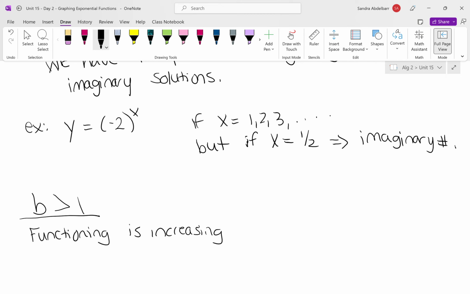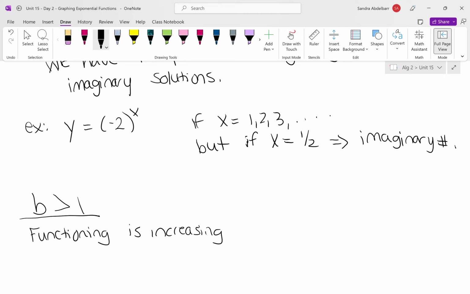So if the function is increasing, that means from left to right we're going up. And when your variable is in the exponent, what does this tell us? Is this thing going to grow slowly, or is it going to grow very quickly? It's going to either increase or decrease at a very, very rapid pace.